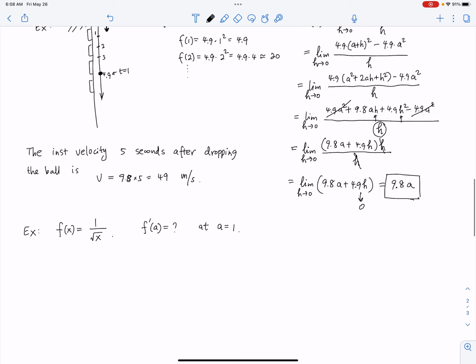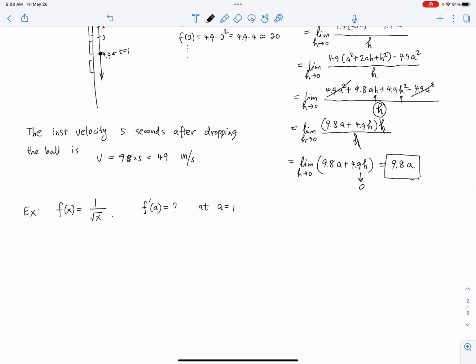All right. So you have a function here, and the curve of the function will come with a derivative, a slope, and you want to know the slope at x equals 1. All right, so let's try that.